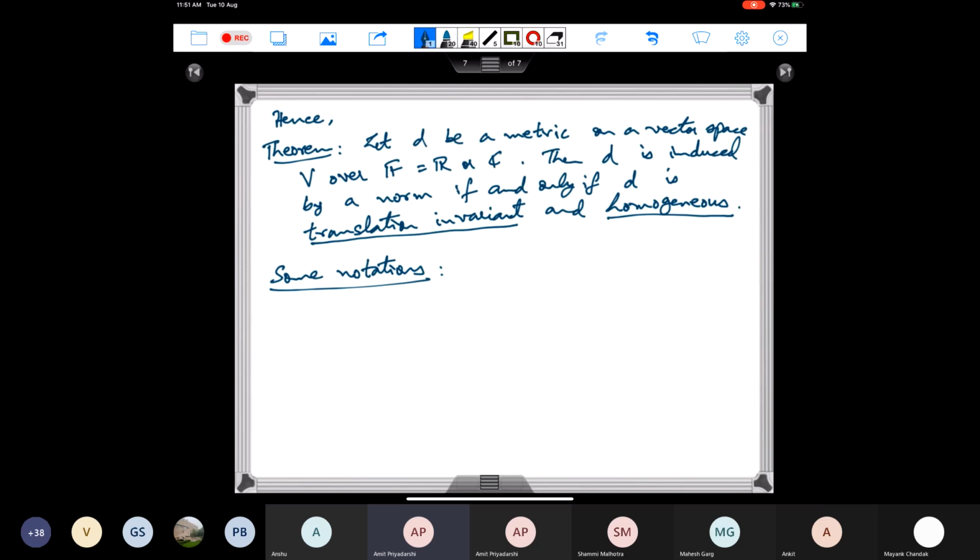So I'll follow these notations which are in the book by Bollobás. So let X be a normed space.